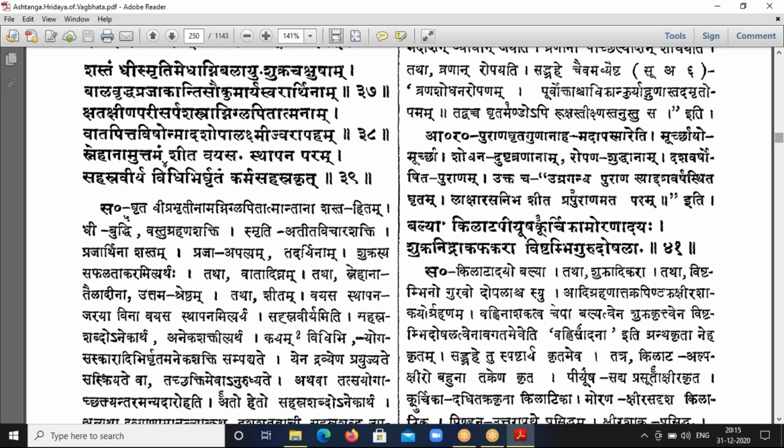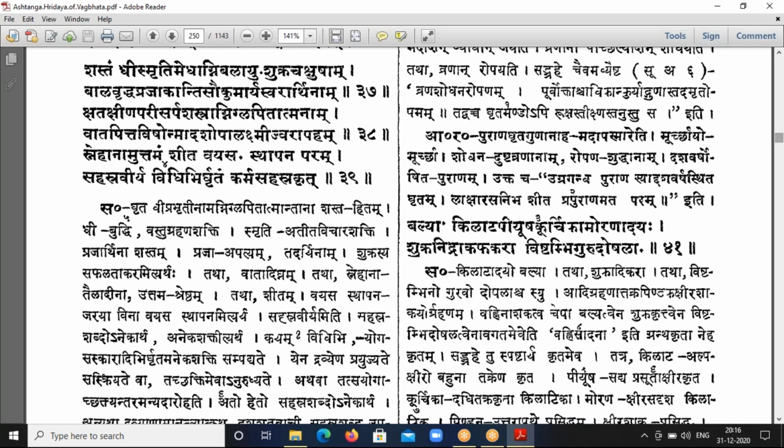First one is Kilada. Arunadatta can be seen explaining Kiladam as a preparation which is made by mixing some milk with a larger bulk of takram, then heated and made to coagulate, then strained, and that thick portion is known as Kiladam.